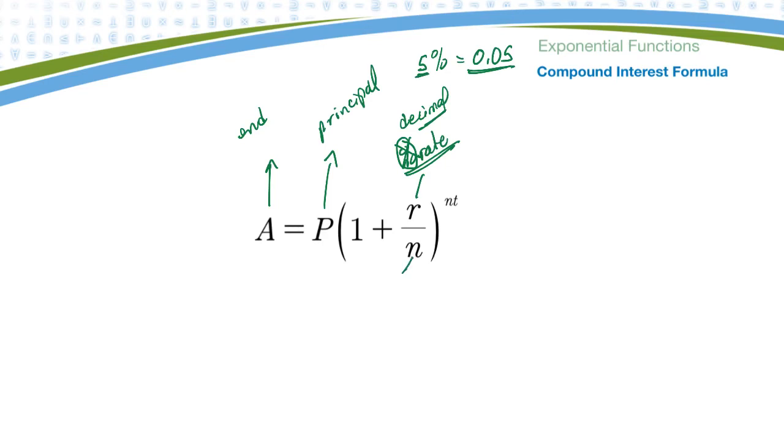And then N stands for the number of compounding periods. So how often are they giving you money every year? Typically, the accounts you get now are compounded yearly, but sometimes you get things that are compounded more frequently. Sort of like your MasterCard or Visa.